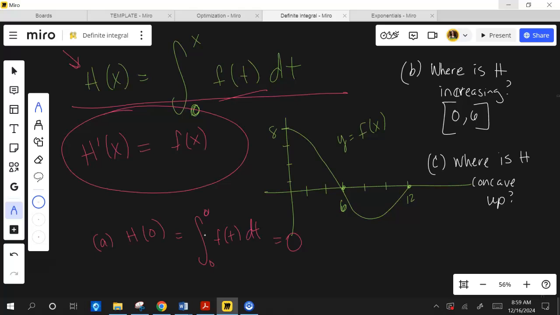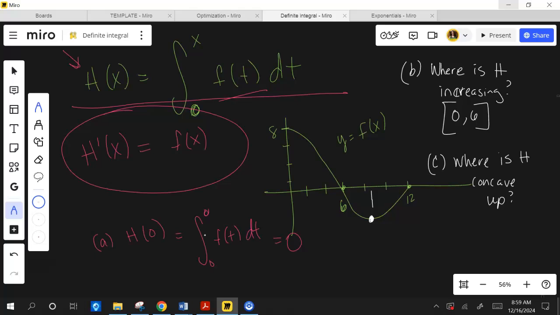So where is it concave up? You might have to look in your book to see it a little better. Where the derivative is increasing. In the book it's a little bit more like 9, but that's okay, it doesn't matter. But yes, you're doing it right.